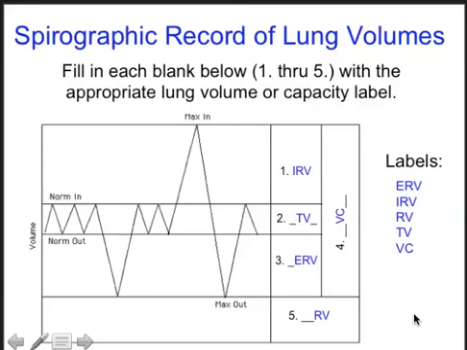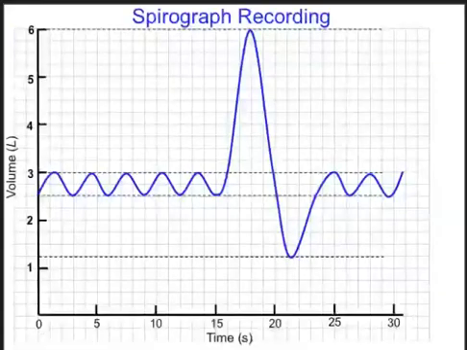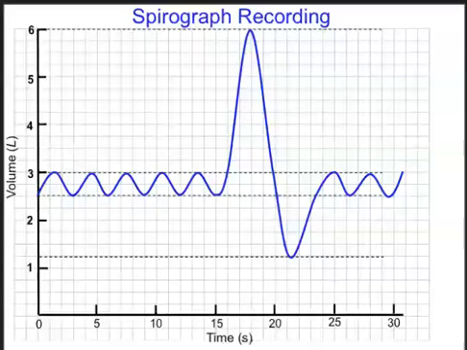Okay, now the next thing we want to do is take a peek at a typical spirograph recording. In the old days, the way that these instruments operated was to have a piece of recording paper on a rotating drum upon which a pen would draw.